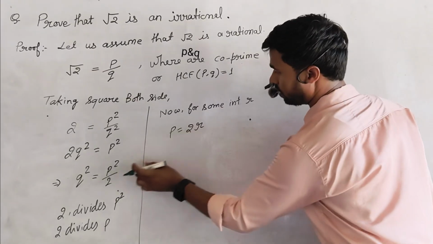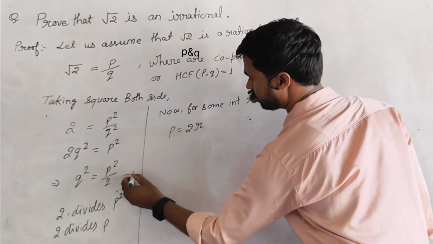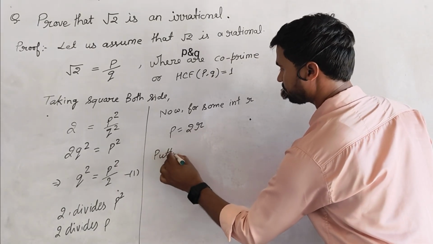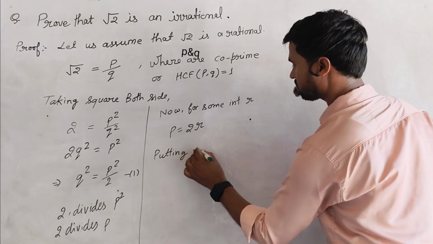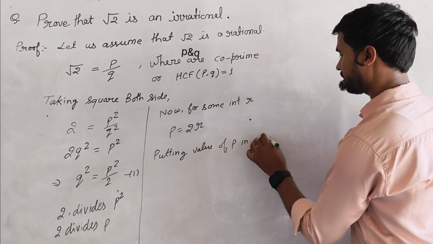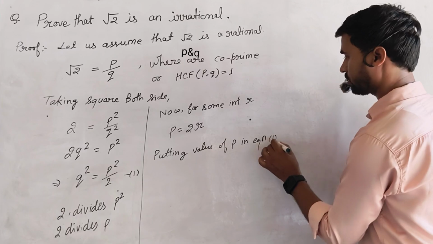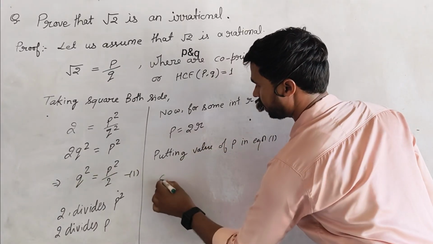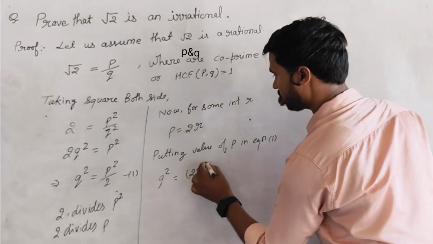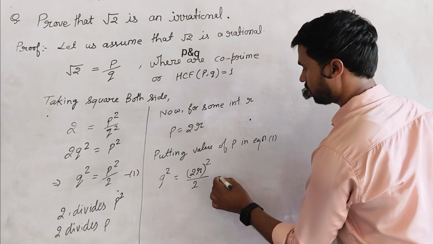Now put this value in equation, let's suppose 1. So putting the value of p in equation 1, we can write q square is equal to 2r whole square divided by 2.